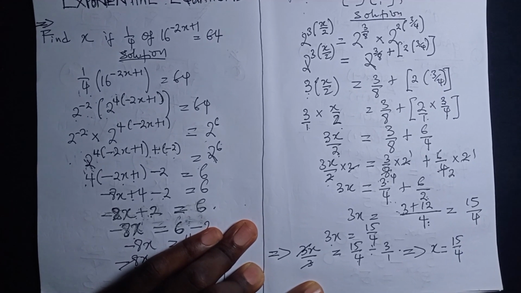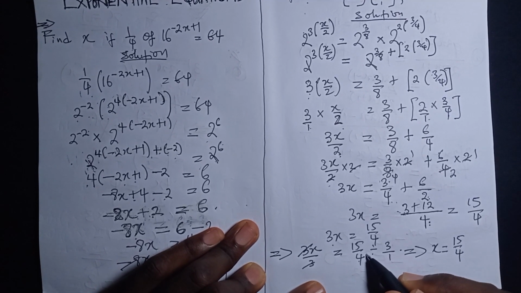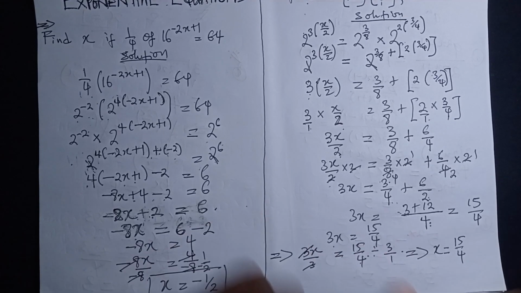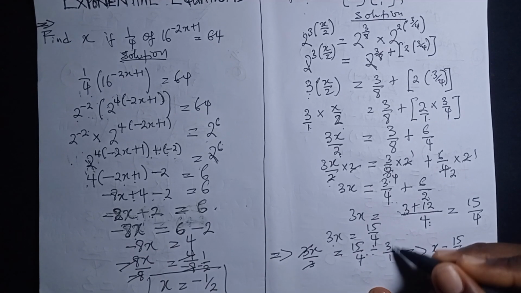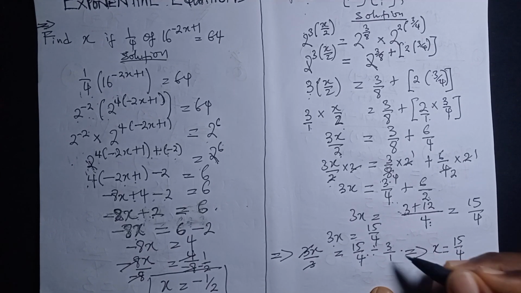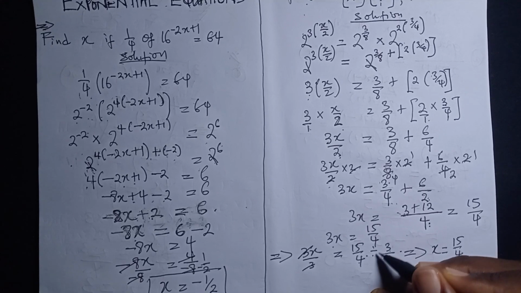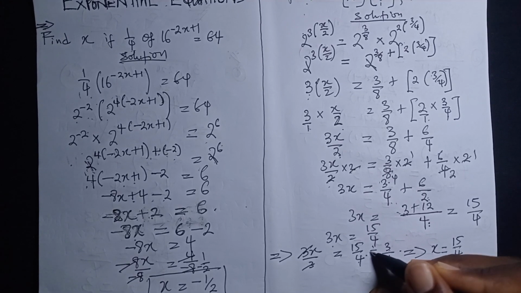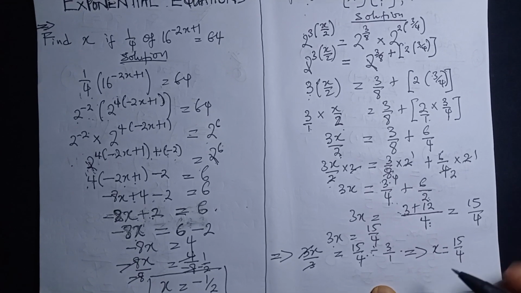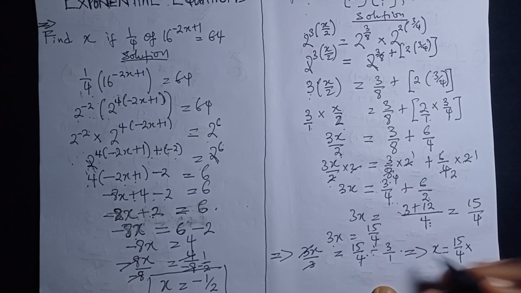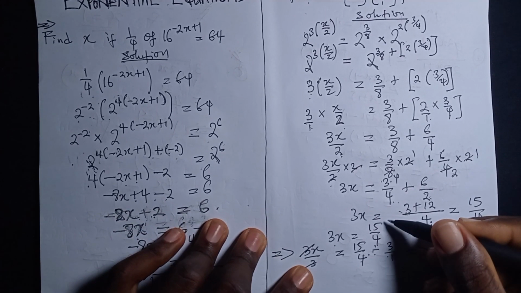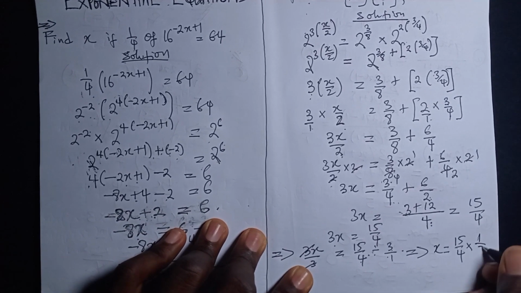And I always tell you that to remove this division sign, I want us to flip this number, flip it. So if we introduce multiplication sign, change this division to multiplication, the 1 will come on the top, while 3 will go beneath, which is 1 over 3.